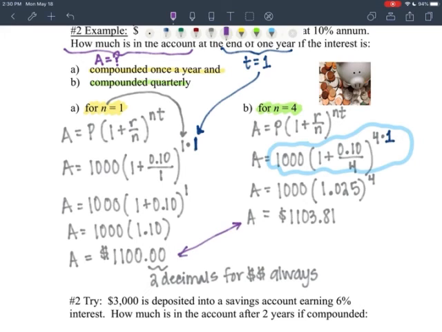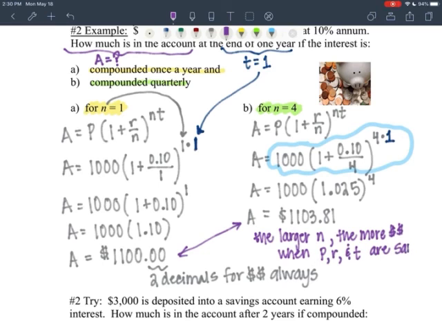So if we compare the two, the larger N, the more money, when P, R, and T are the same.